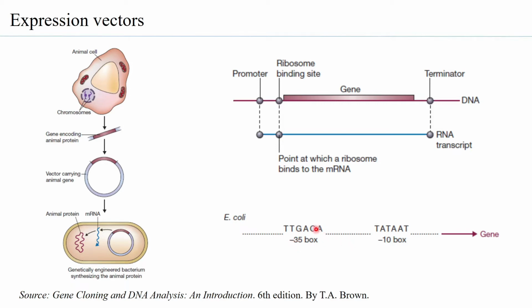If you have both TTGACA and TATAAT with 17 to 19 base pairs interspersed between them, then this is considered to be a promoter which would definitely be binding to RNA polymerase with great affinity to transcribe the gene of interest. So this is considered to be a strong promoter.